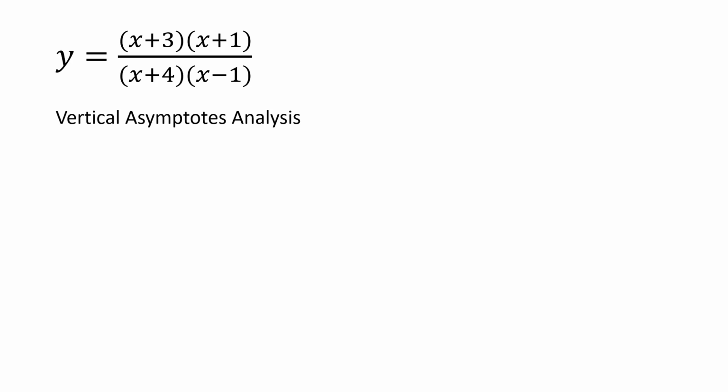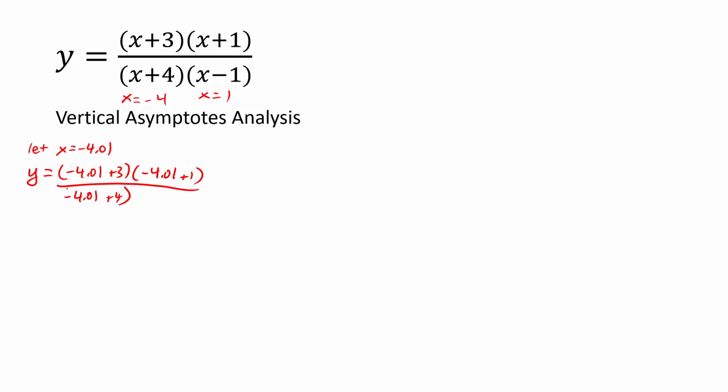Let's do a vertical asymptote analysis. As you might recall, we have a couple of vertical asymptotes here. One's at x = -4, one's at x = 1. Starting with x = -4, we can let x equal -4.01. If we do that, then y is going to equal (-4.01 + 3)(-4.01 + 1) all over (-4.01 + 4)(-4.01 - 1).